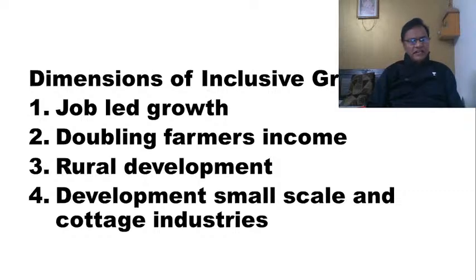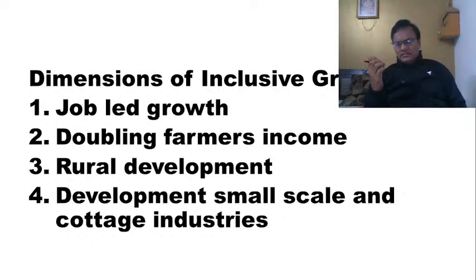Vast areas of the country remained poor and backward, with only very few parts of the country getting all the development. Some of these metropolitan cities are developed at the cost of the rest of the country. And that is the reason why we say rural development is an important dimension of inclusive growth.